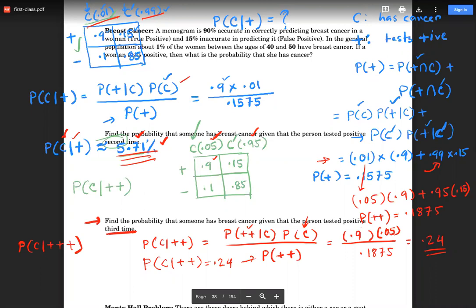Now this number is gonna change to, can somebody tell me what this number is gonna change to? Third time. Anybody, please? Alicia, what is this number gonna change to?